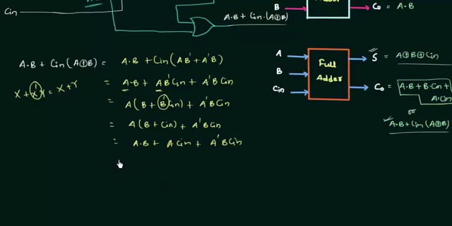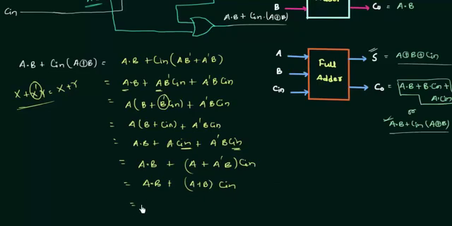In the next step, I will take Cin common from the last two terms. So we have A and B, or in bracket I am left with A or A complement B, Cin we have taken common, A and B. Again, by using the distributive law, we will have A or B, Cin.